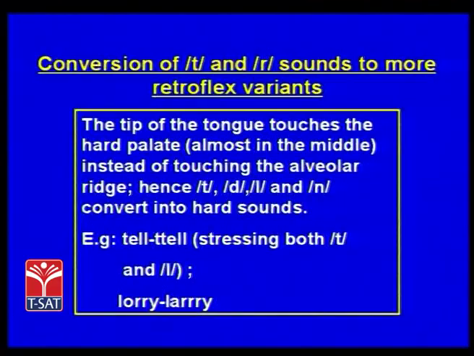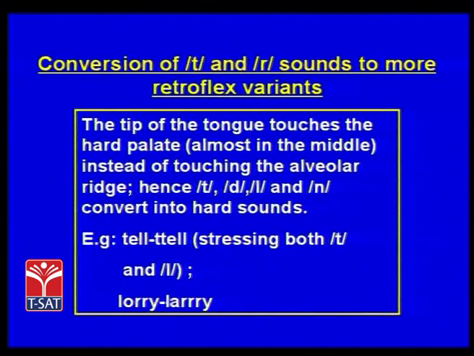Let us now take a look at what actually creates these incorrect forms. Let's look at some of the variations or strategies people adopt that bring in incorrect pronunciations. Some of us tend to convert t and r sounds to what we refer to as retroflex variants.